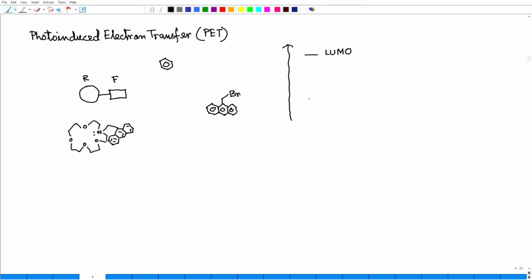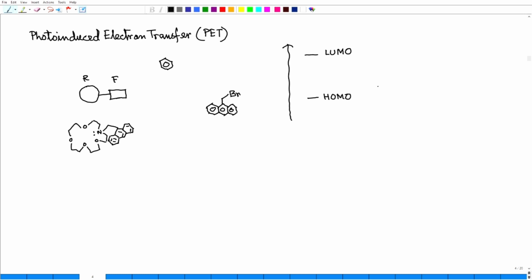Here is HOMO, the highest occupied molecular orbital. This is of the fluorophore.